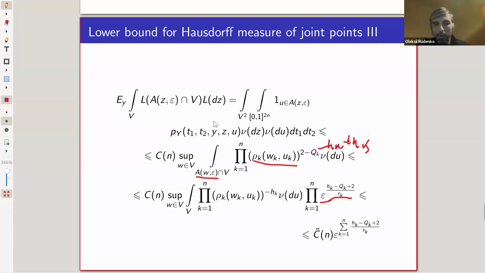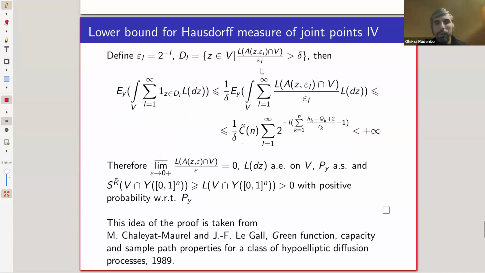What do I need it for? I need it to say that in fact the upper limit of such intersection local time from the small ball divided by epsilon converges to 0.